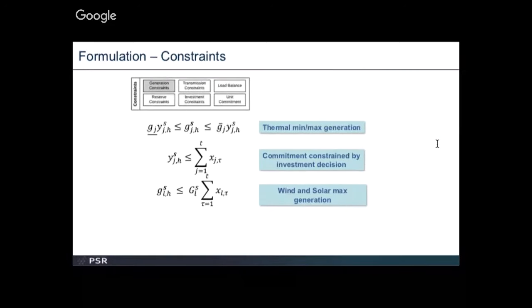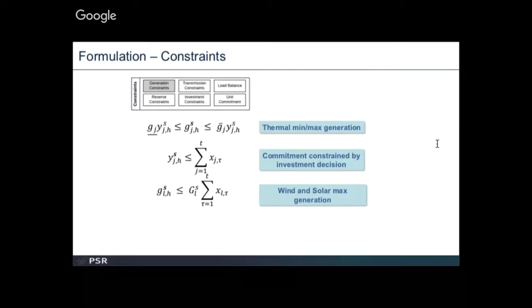We also have thermal minimum and maximum generation, where I introduce here the unit commitment variable, that is the Y. And the first constraint is very important, because if a conventional thermal plant turns on, it must generate at the minimum generation. So that's what the first constraint is saying.